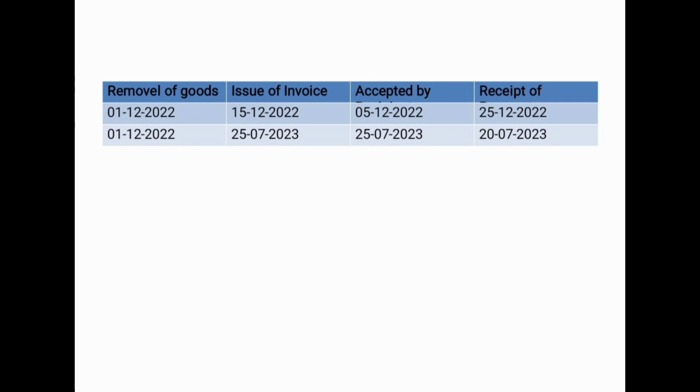Then next is 1/12/2022, 25th July 2023. Then 25th July is given for accepted also, but the receipt date is 20 July 2023. This is the question, so how do we solve it? Let us see; we'll discuss further.